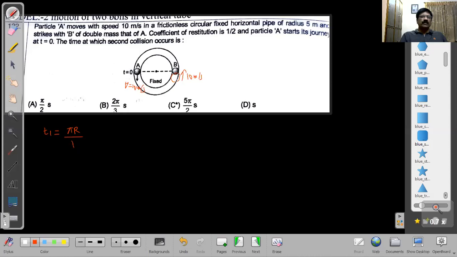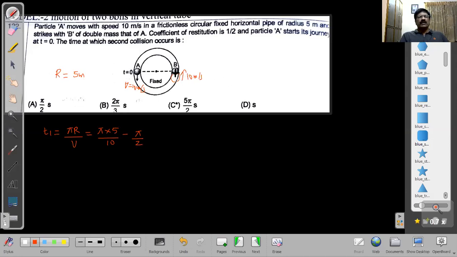The radius of the circular tube is given as 5 meter. Substituting the data, T1 is equal to pi into 5 by 10, so that is equal to pi by 2. This is the T1 value. So after T1 seconds, it makes collision with the sphere B.